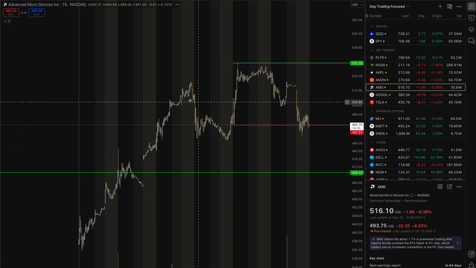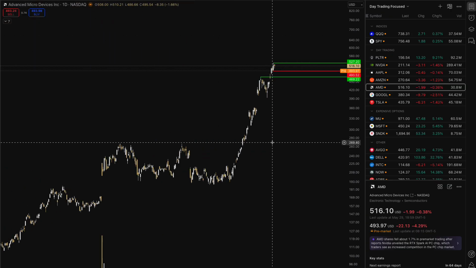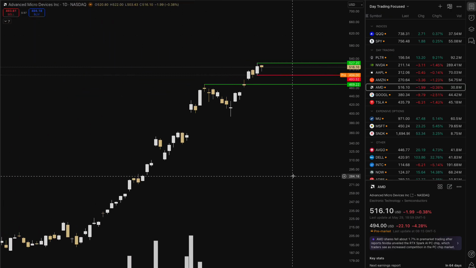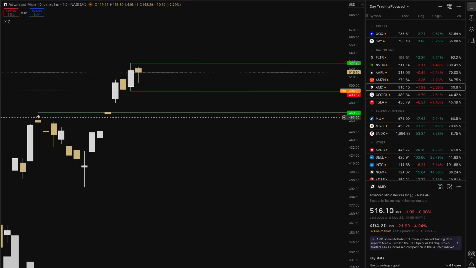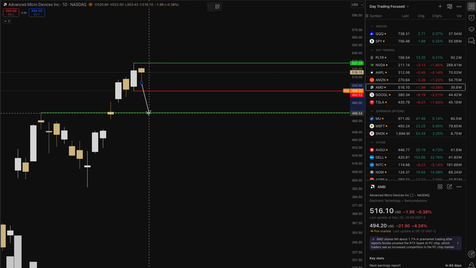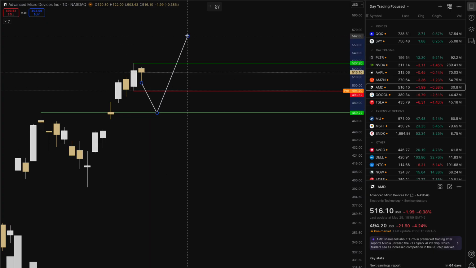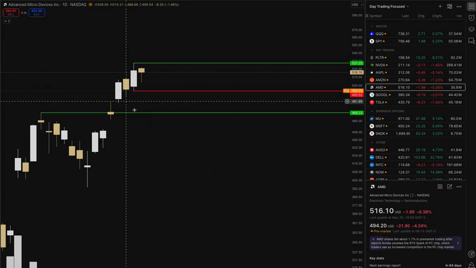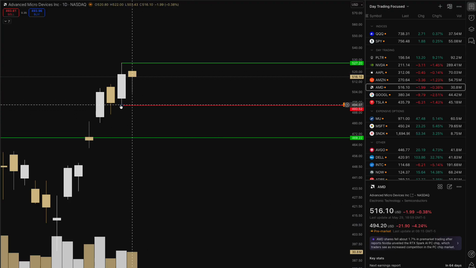So AMD also has the same thing right now, but you can see this was a swing high we made. So the price can pull back down here to retest and then move back up, on a daily chart. Currently it's near the previous day low.